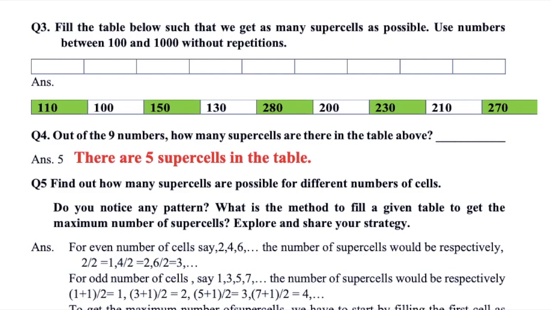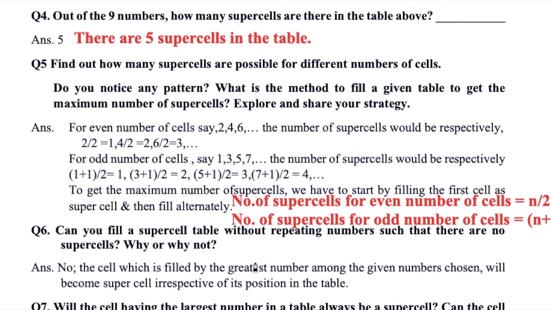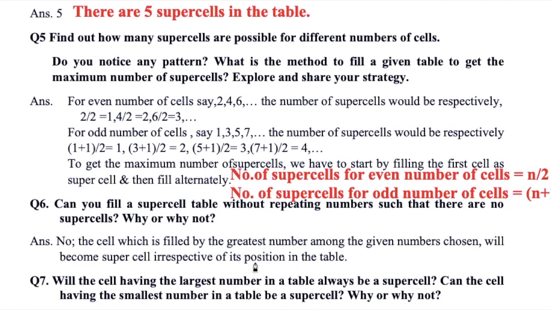The next question is, find out how many supercells are possible. So I'm telling you that to get the maximum number of supercells, we start by filling the first cell as the supercell. If the number of cells is even, the number of supercells will be n by 2, where n is the total number of cells you have, and for an odd number of cells it will be n plus 1 by 2.